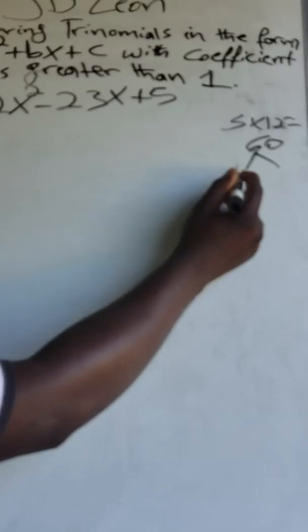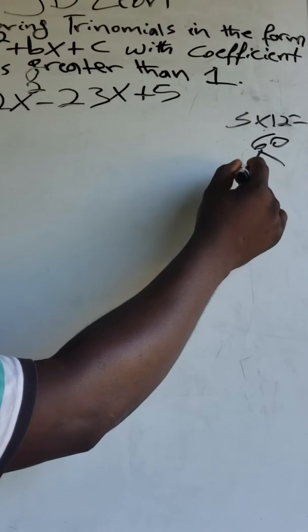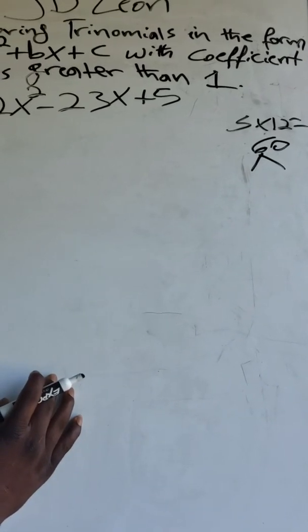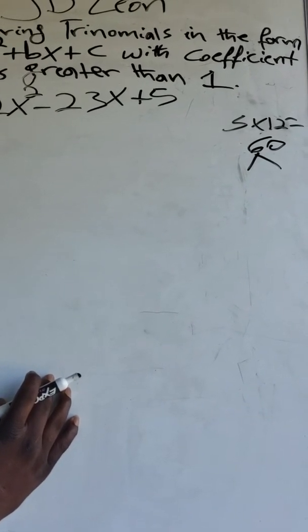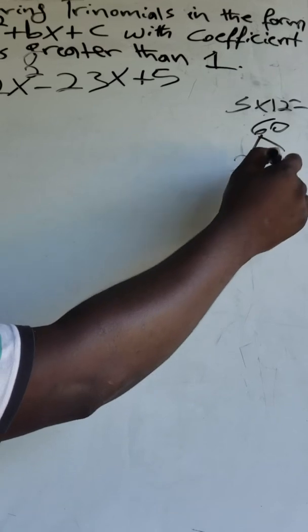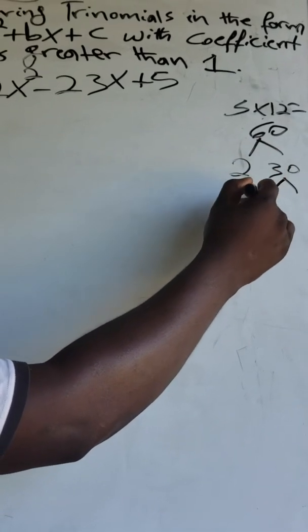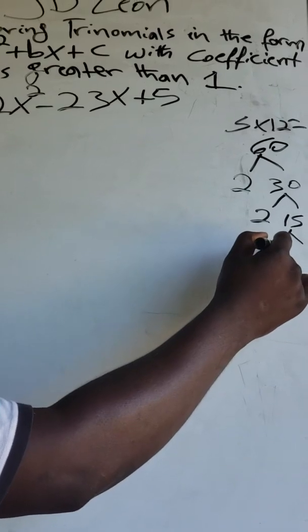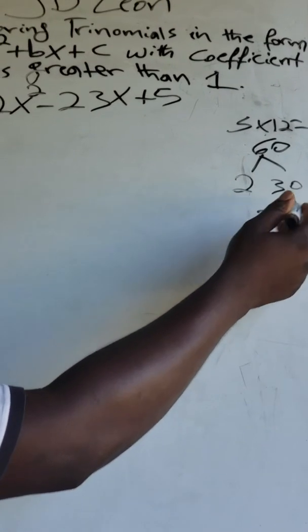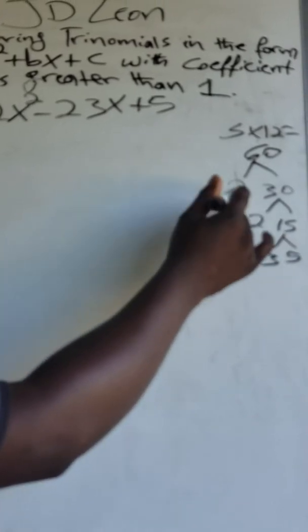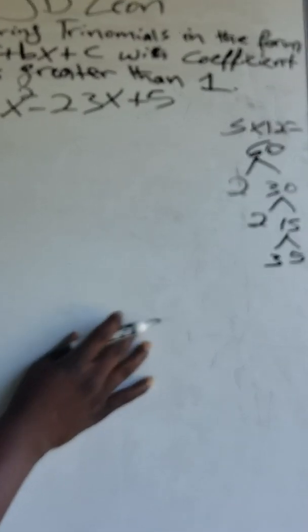So if we do the factor tree, dividing the 60 by the smallest prime factor, which would be 2, the answer would be 30. Divide 30 by, again, 2. The answer would be 15, and then divide 15 by 3, because 2 will not go into 15 evenly. So the answer to that is 5. All those are prime factors, and that's all we could do for now.